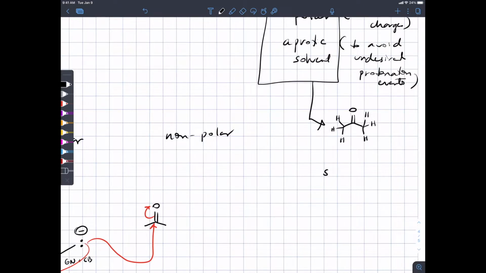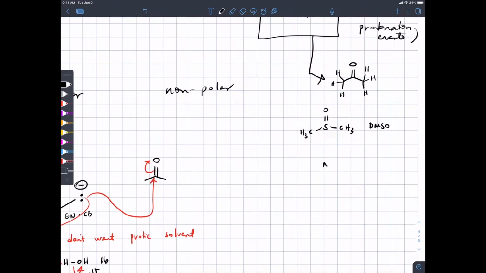Another example looks sort of like acetone, but is pretty different. This is dimethyl sulfoxide, or DMSO. Another is called, and you don't need to memorize these, dimethyl formamide. Also lacks bonds between hydrogen and an electronegative atom, but all of these have dipoles.